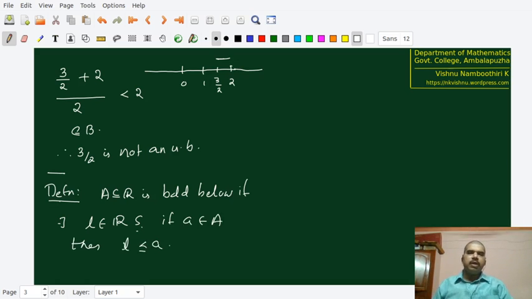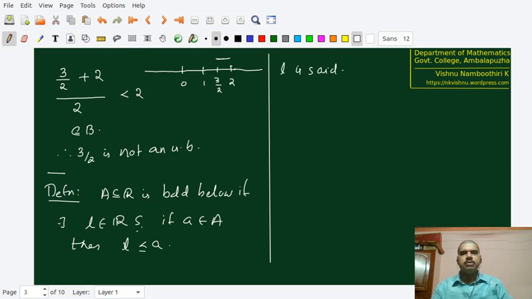That means every element in A lies above this L, or L is less than or equal to any element in A. Then we say that A is bounded below, and in this case, L is said to be a lower bound of A.